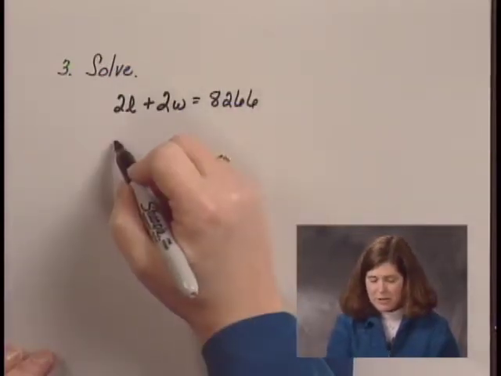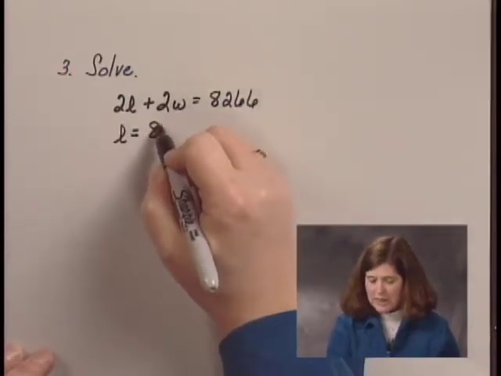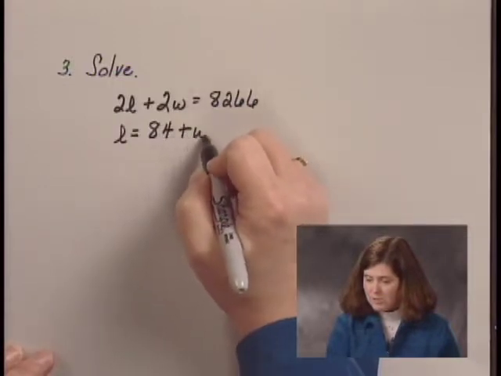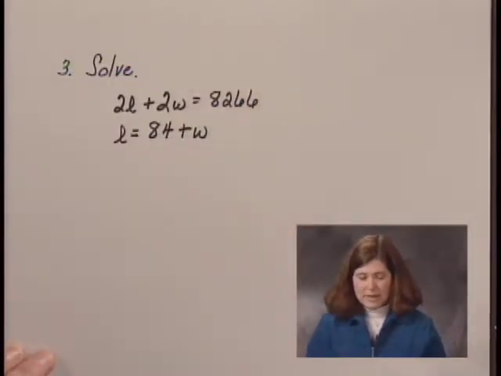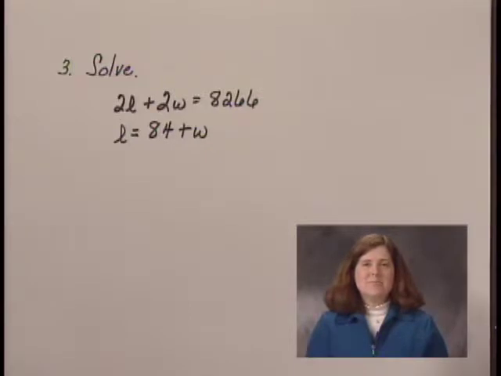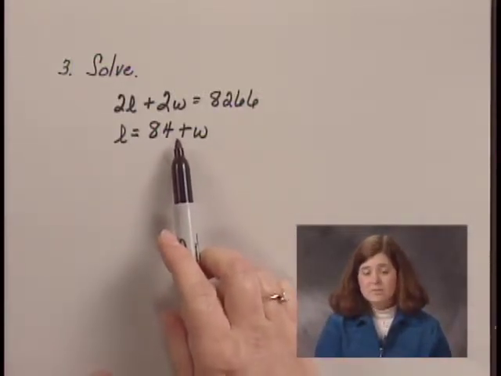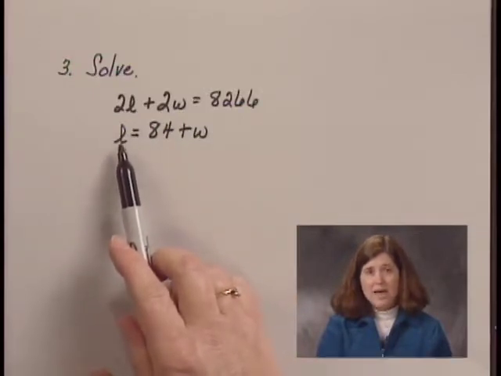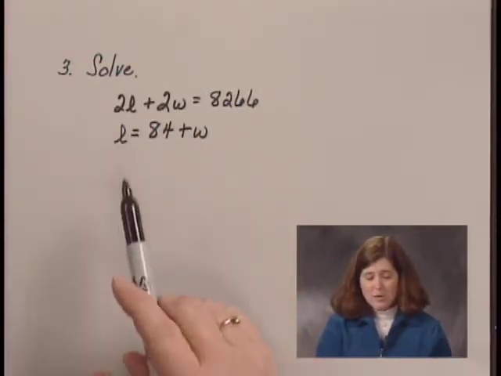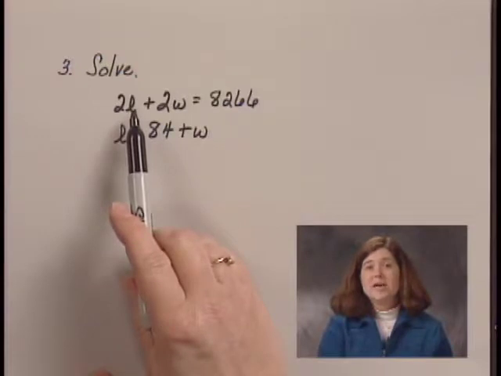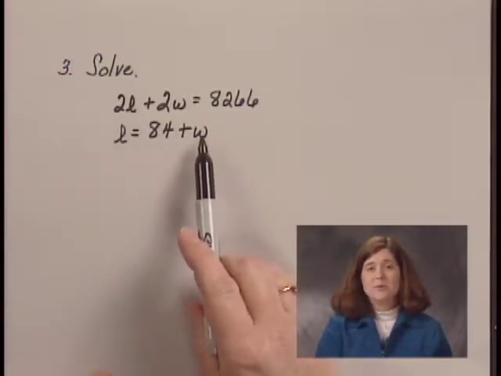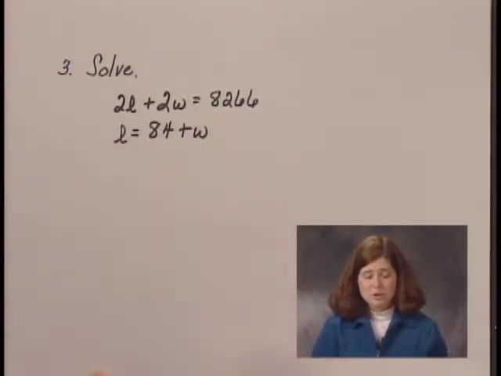And the other equation is L equals 84 plus W. Now we can solve this using substitution or elimination, but since the second equation is already solved for L in terms of W, when I see an L in the first equation, I can substitute 84 plus W and solve the system using substitution.